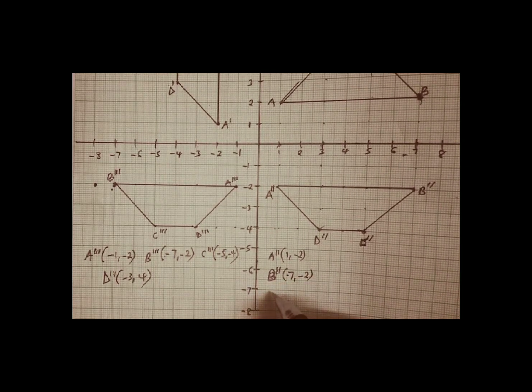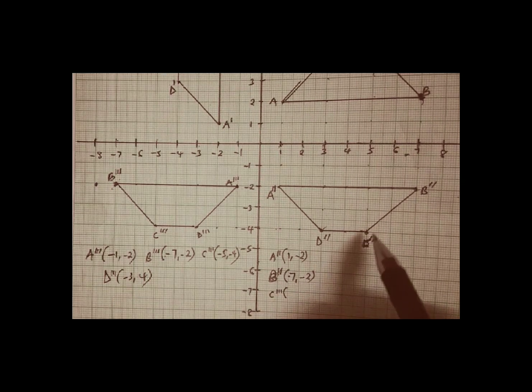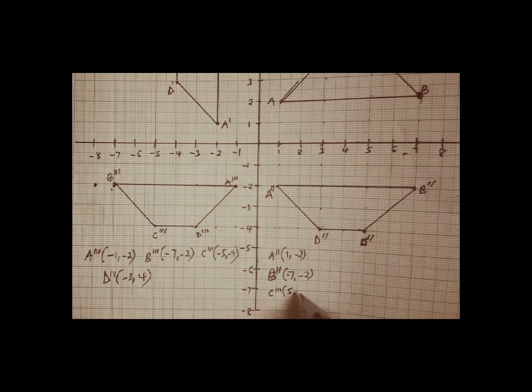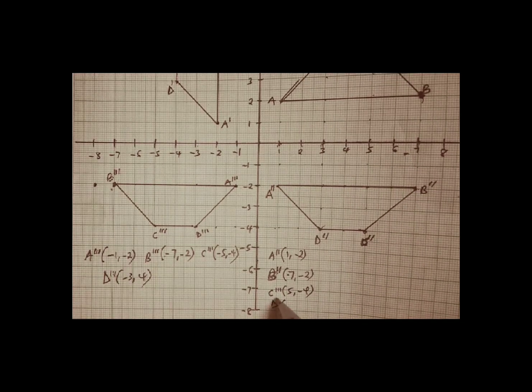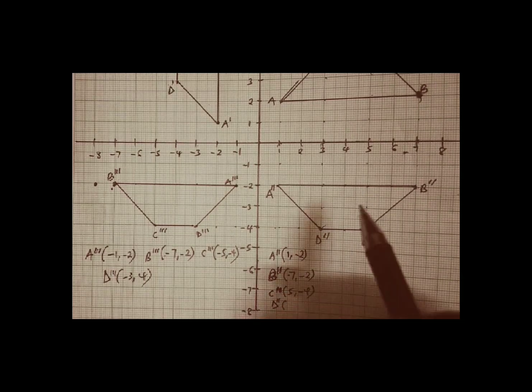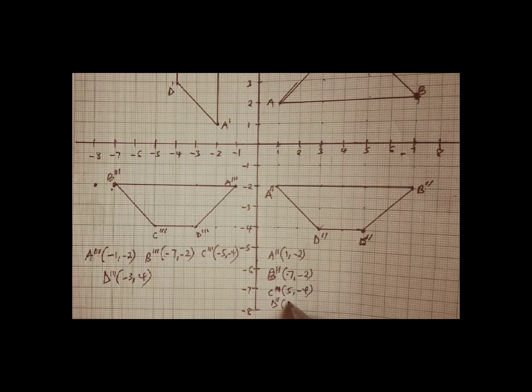Then we have our C double prime. Our C double prime is going to be 5, -4. And of course D double prime is going to be +3, -4.